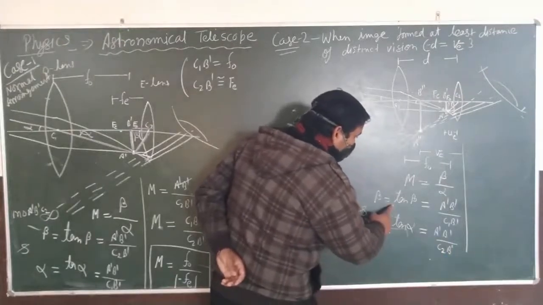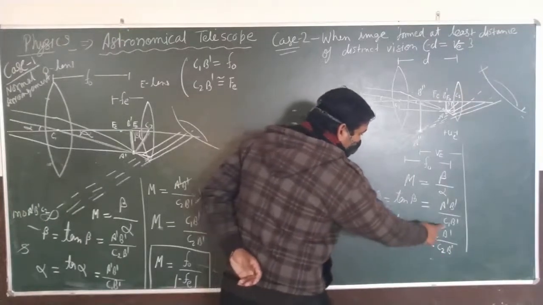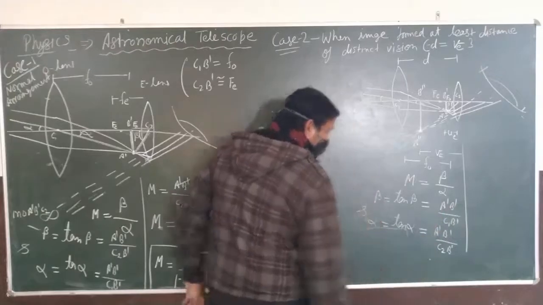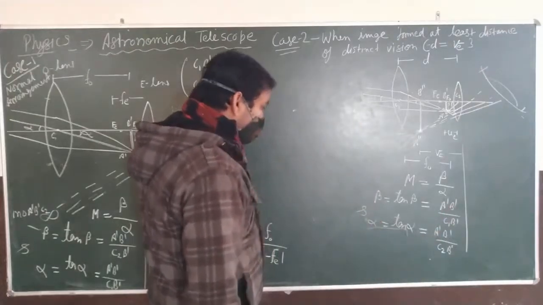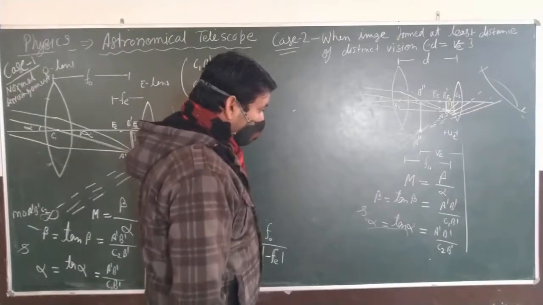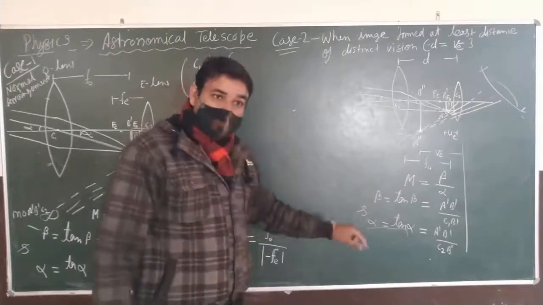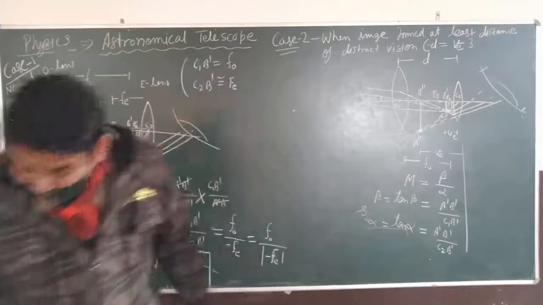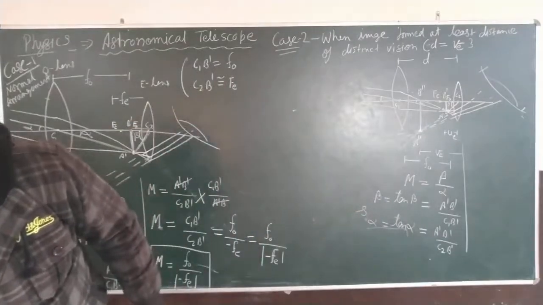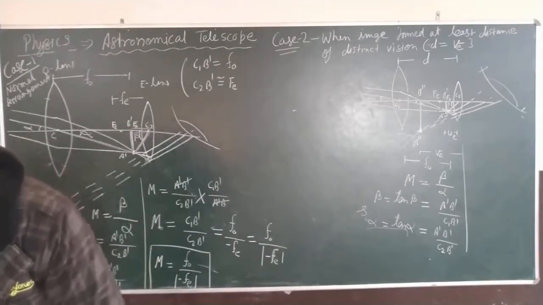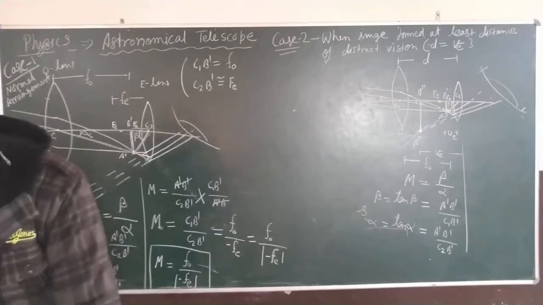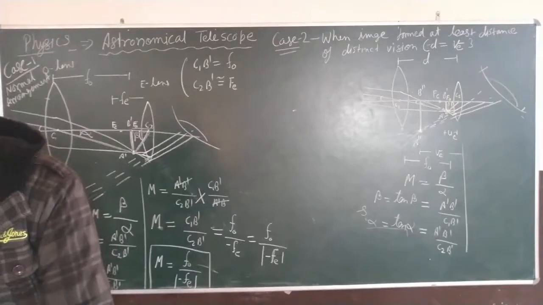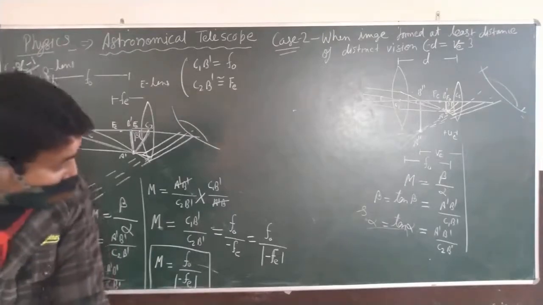Beta, C2, which means C2 B dash in the numerator. We have the value of tan beta as A dash B dash upon C2 B dash.